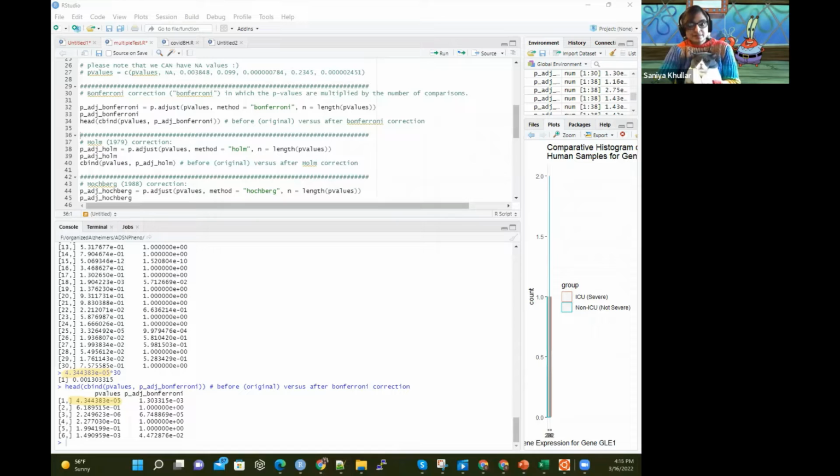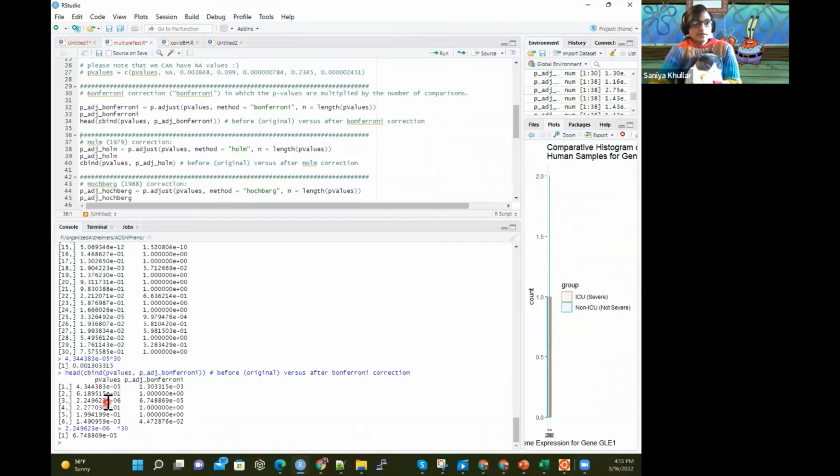It's just being multiplied by the number of comparisons that we have, which is 30. And the result is 1.3 times 10 to the negative 3, which is what this is here. That's all that Bonferroni is doing. Another example is if I take the third one right here.